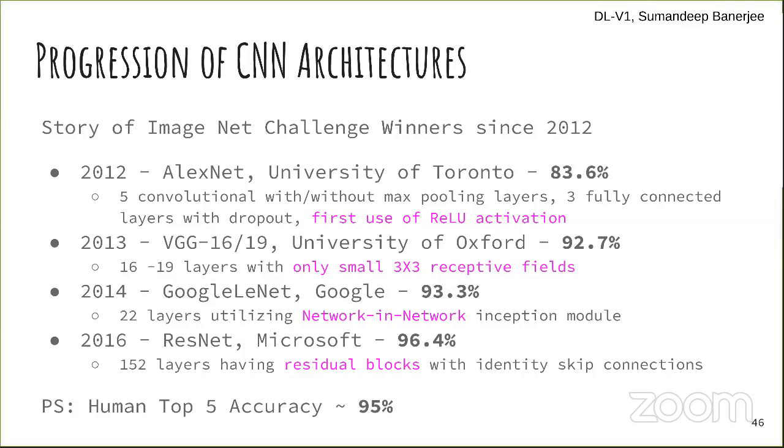It is a pretty simple network with 8 layers, and it beat the previous best result, which was around 74%. Every year, it used to increase by 1%, 0.5%, 2% with new algorithms proposed. With AlexNet, the jump was almost 9.5%. That brought this to everybody's attention.